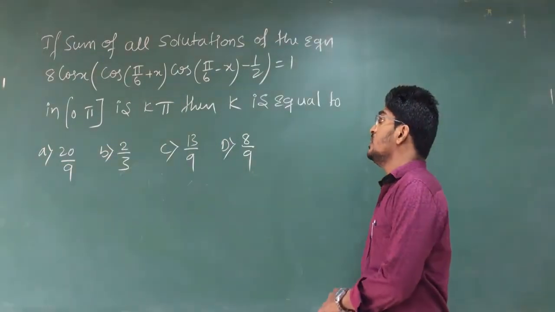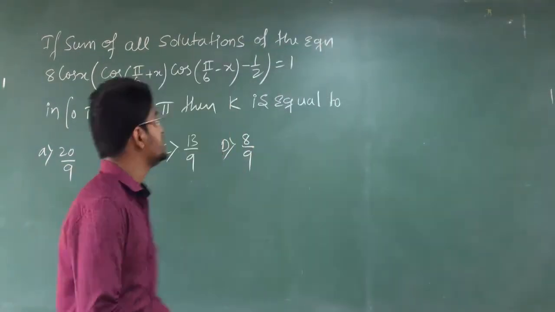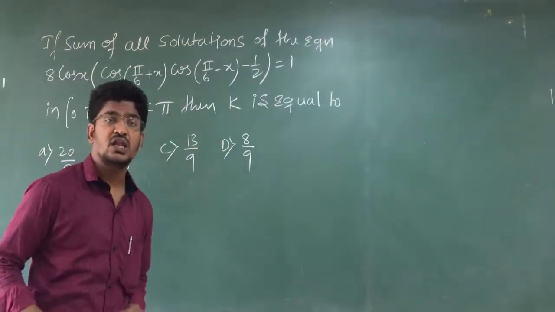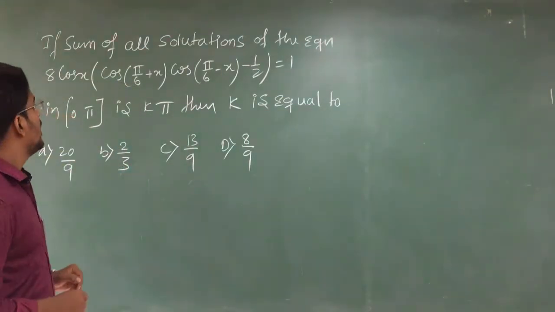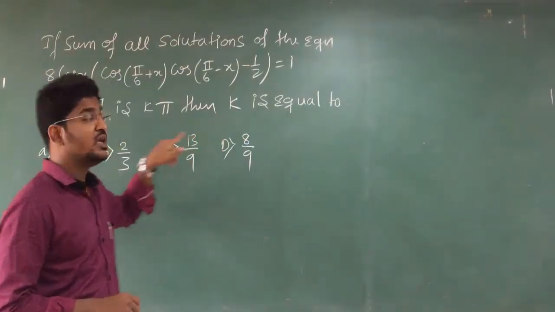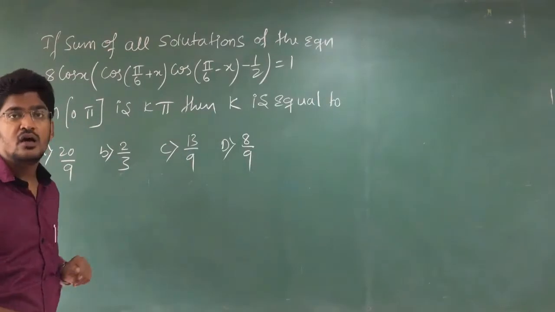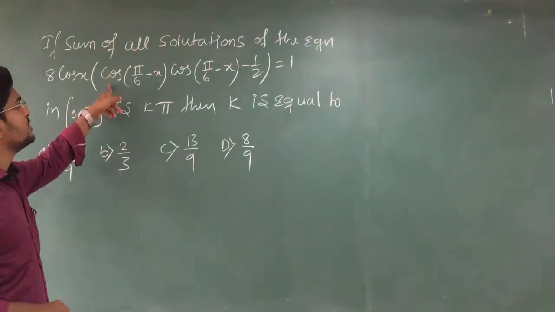Here there is a trigonometric equation; you have to solve that and find k in the interval 0 comma pi. Clear? Okay, let us simplify this.